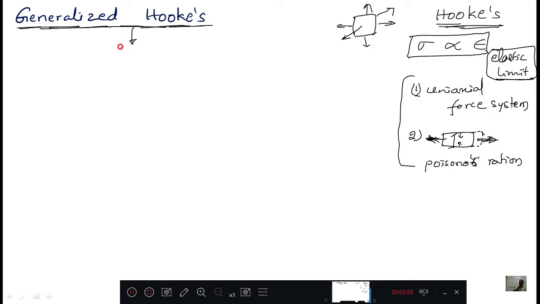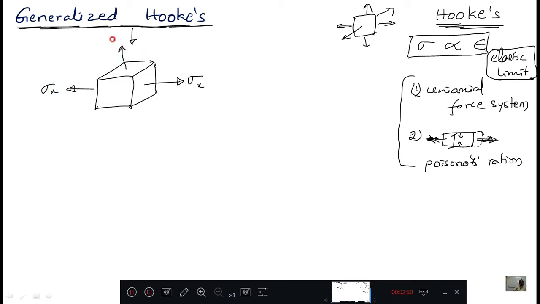If a body is there in this way, a 3-dimensional body, let us consider this is a stress in x direction, and this is a stress in x direction in equilibrium.